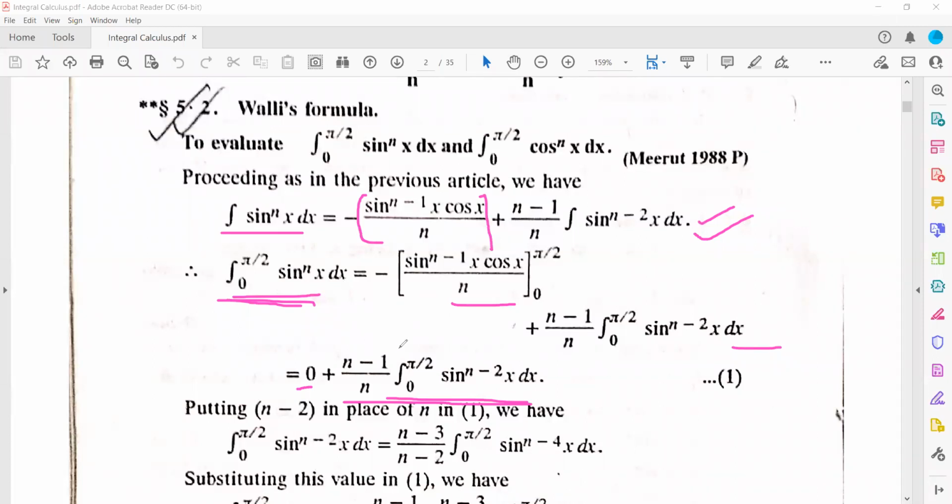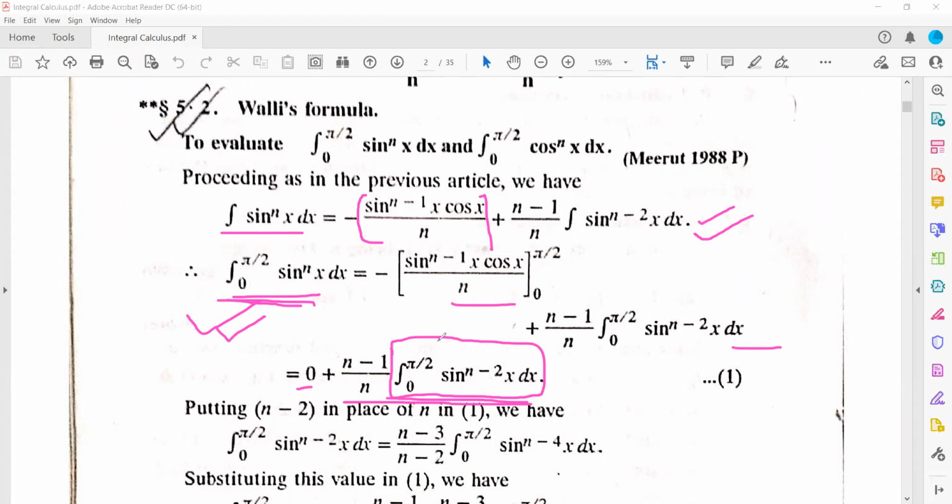Now you need to find 0 to pi by 2 sine to the power n minus 2 x dx. Using this result only, you can write this. No need to do the same process again.